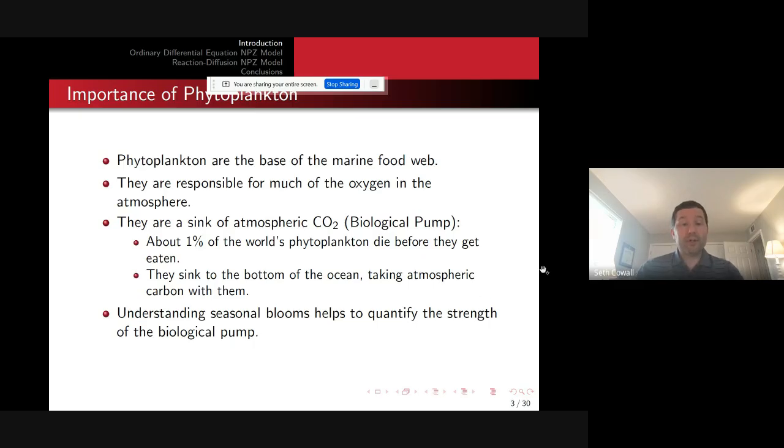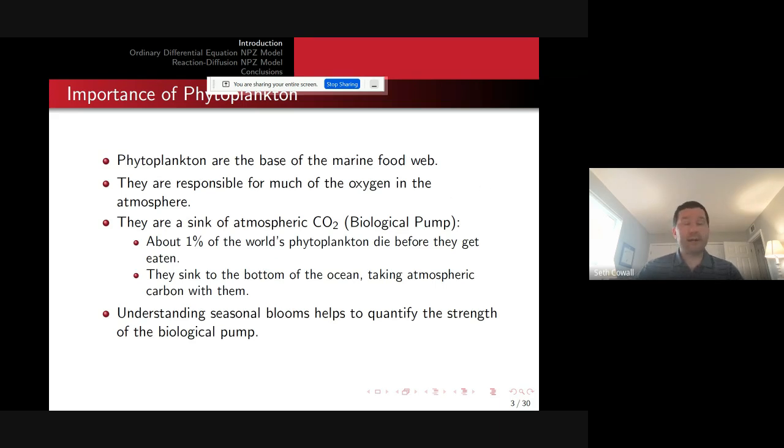Okay, so phytoplankton. Why are they important? Well, first, they're the base of the marine food web, which is very important for fisheries. They're also responsible for much of the oxygen in the atmosphere, and I'm just going to leave it as much because estimates vary based on the literature.